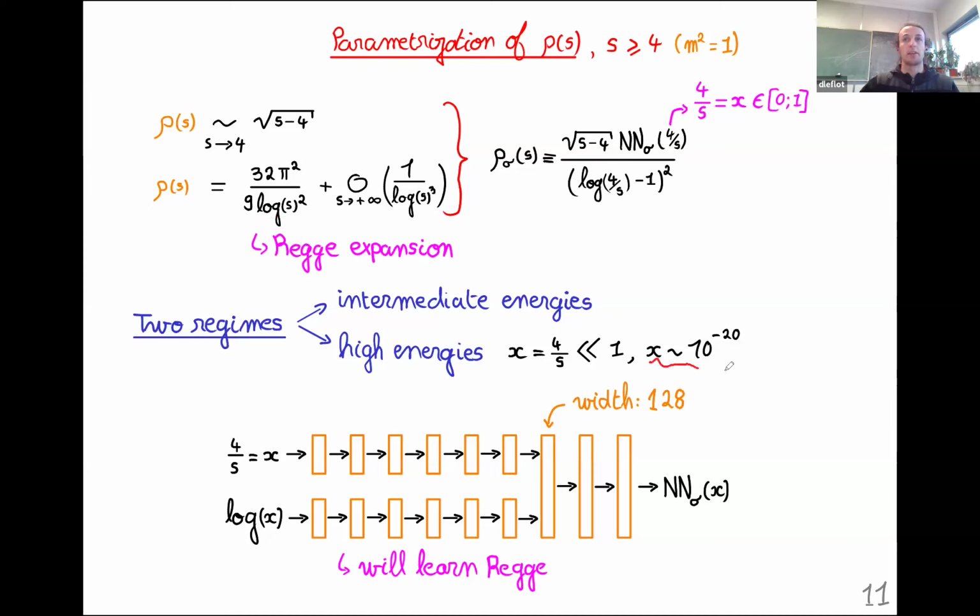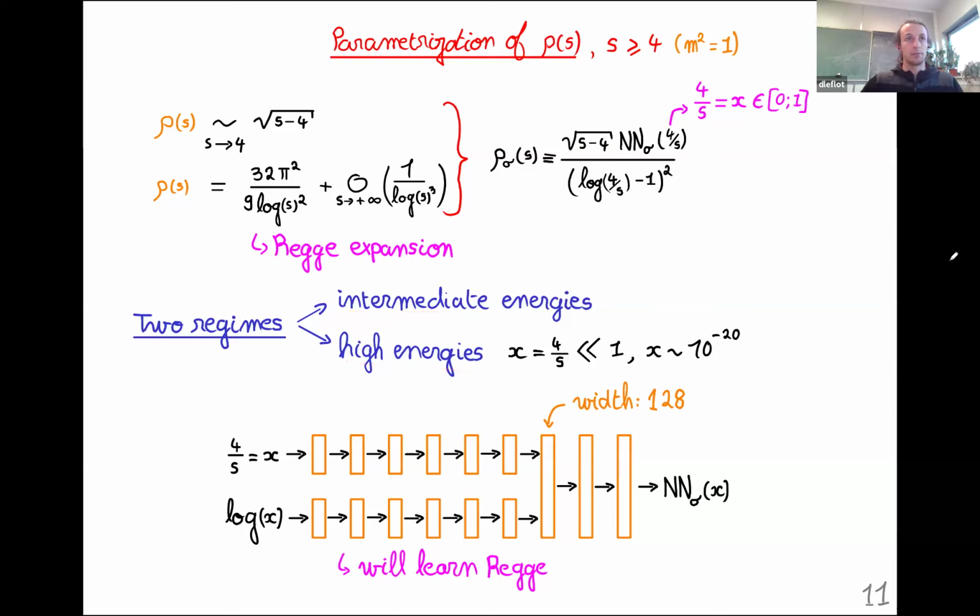We expect it to be valid for s of order 10 to the 20, so x around 10 to the minus 20. And at this point, we would also like our neural network to describe the spectral density in both regimes.